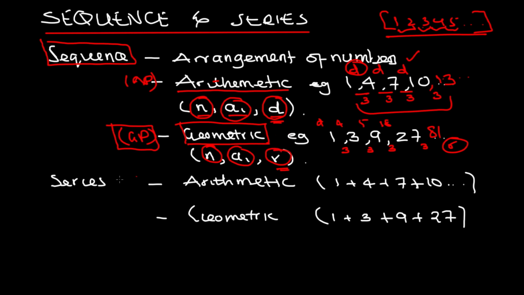So now we've defined these two. What about series? What is a series? A series is normally defined as the sum of the elements in a sequence. The elements here, you add them together, you get a series.